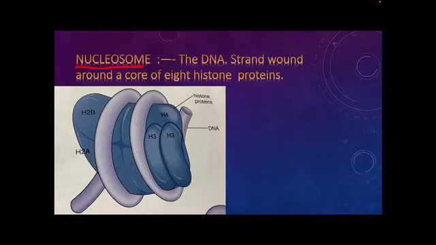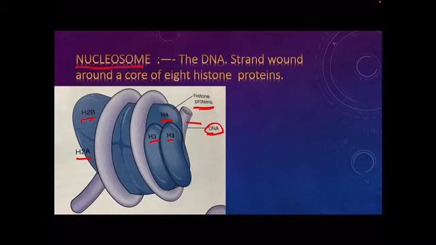You can see here the bluish H2B, H2A, H4, H3, and H1 also. These are histone proteins, and this coiled, thread-like structure is DNA. It is coiled over the histone protein. These histone proteins are 8 in number.